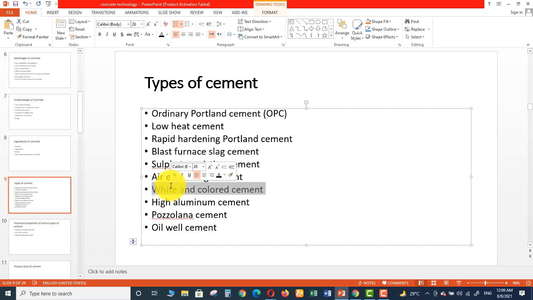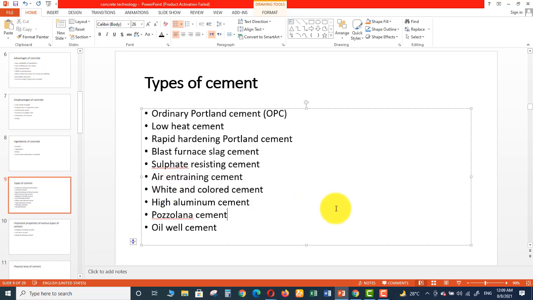The commercial term used for colored cement is colocrete. Commercially, we call white and colored cement colocrete. It is widely used for finishing floors and external surfaces.